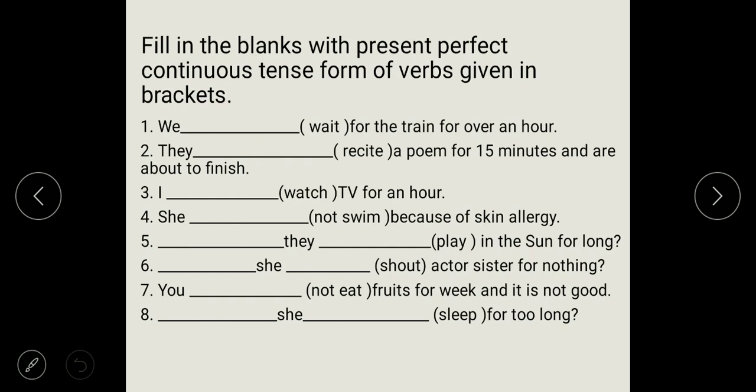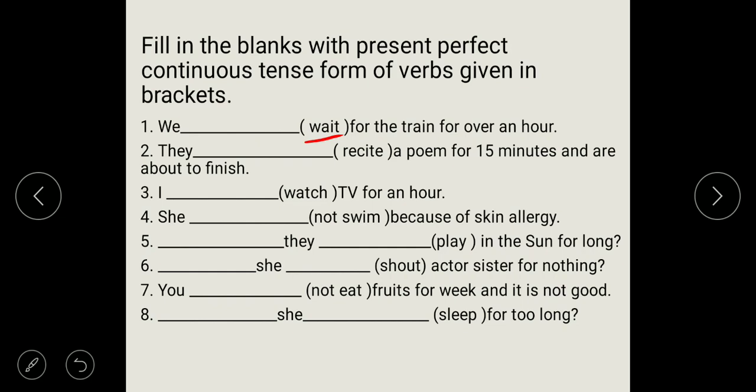Fill in the blanks with present perfect continuous tense form of verbs given in brackets. I told you the form of present perfect continuous. With we, we have to use have been plus verb first form plus ing. Then what will come here?